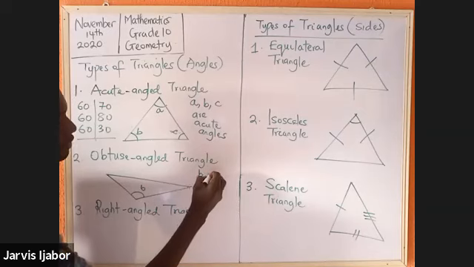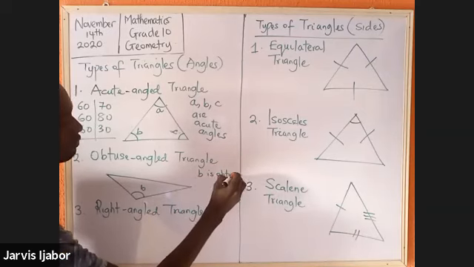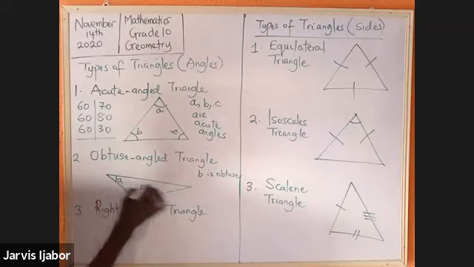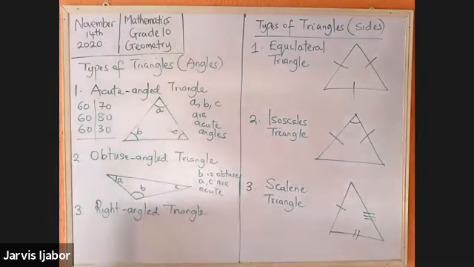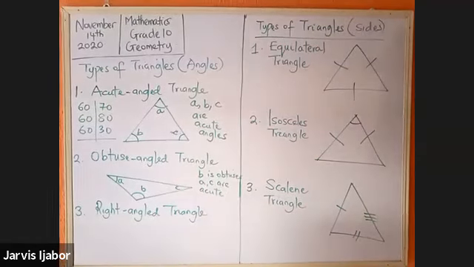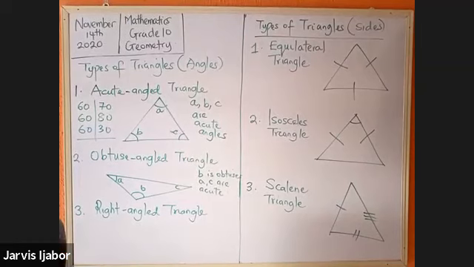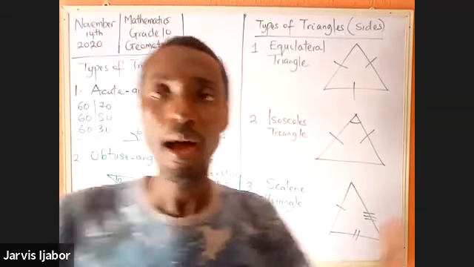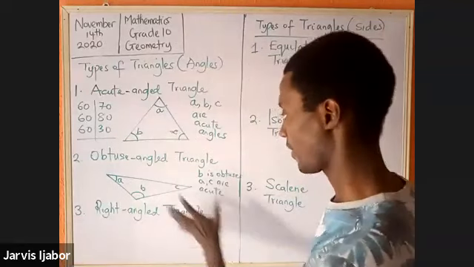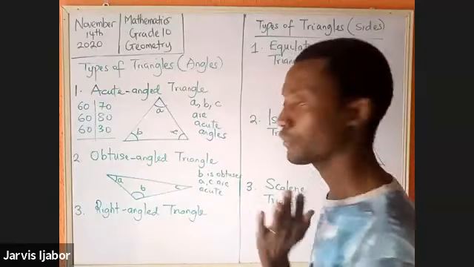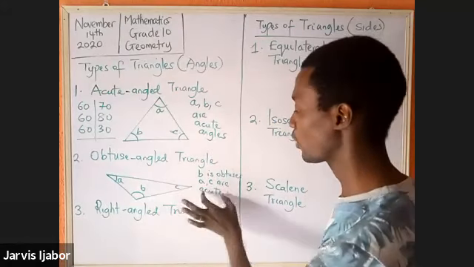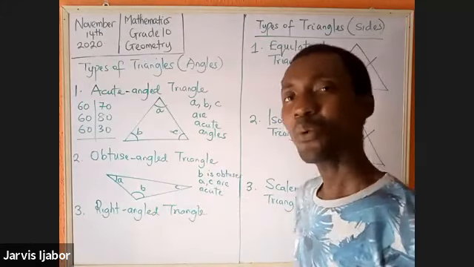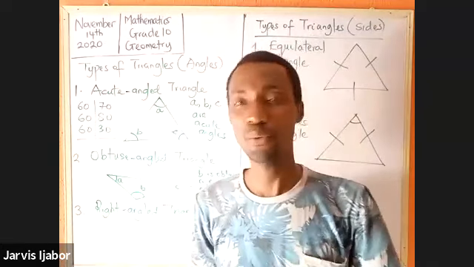So B is obtuse, then A and C. So A, C are what? Acute. Are you seeing that? So that's for an obtuse angle triangle. B is what? Obtuse, and A and C will be what? Acute. Now, what happens in the case of a right angle triangle?